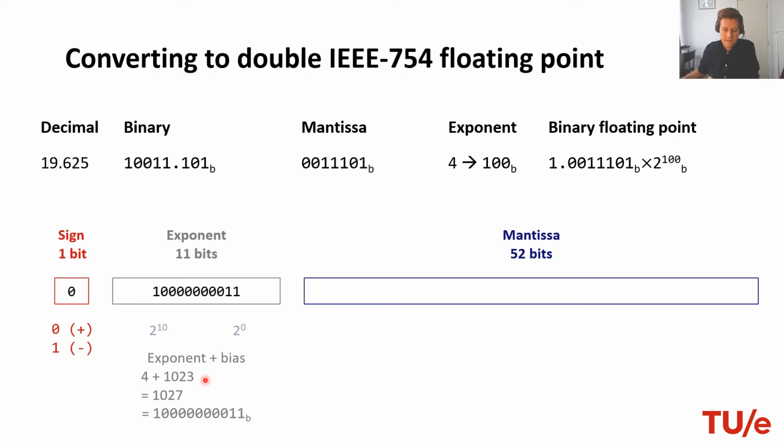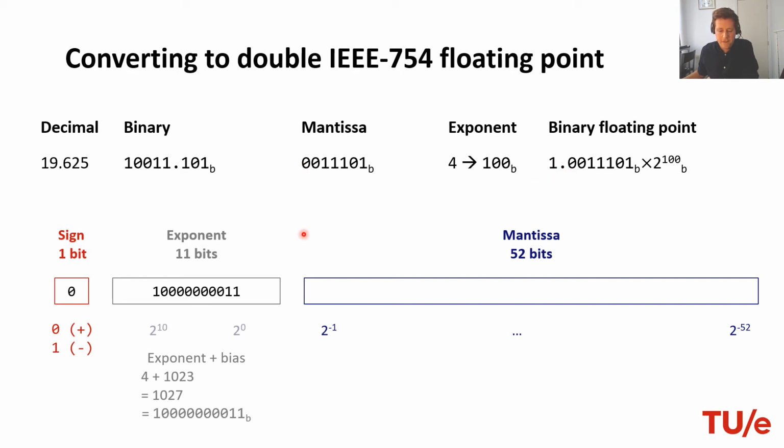Now the mantissa, which is 001101, can simply be stored directly in binary representation. So this 0 is the contribution that gets added to the 2 to the power minus 1. So that's what comes to the right of this floating point.